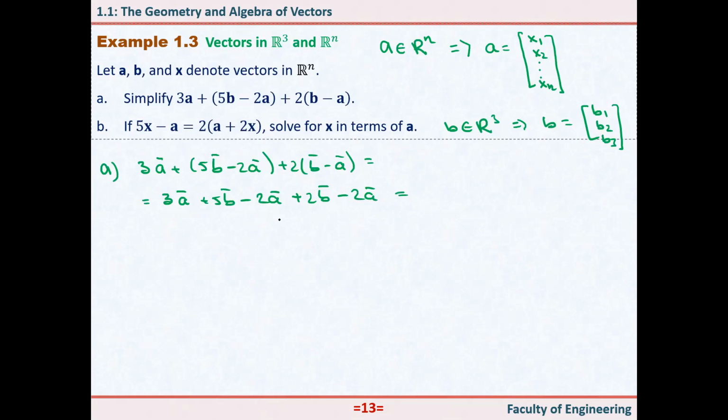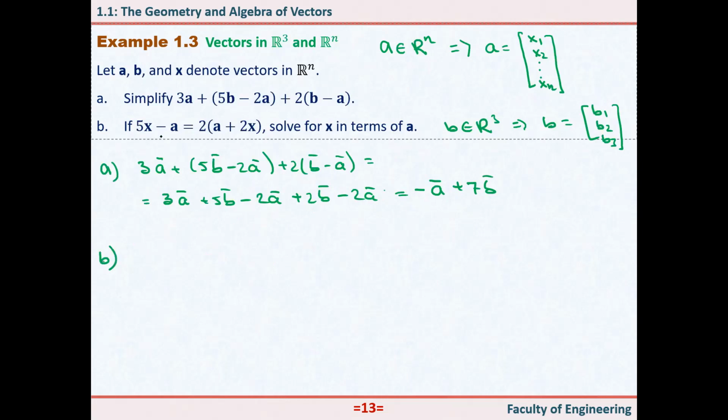Let's simplify a's first: 3a minus 2a is 1a, 1a plus minus 2a, so here we have minus vector a. And 5b plus 2b is 7b. Not all properties are the same, but this addition and subtraction is exactly the same as with real numbers. How about b?